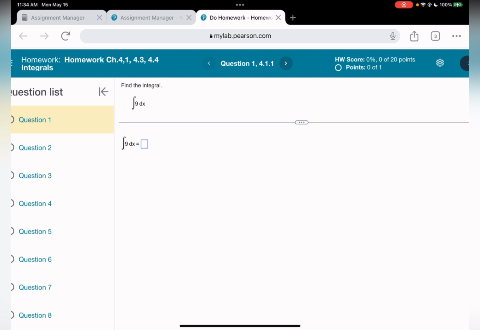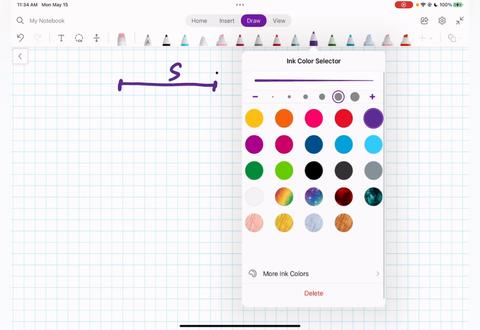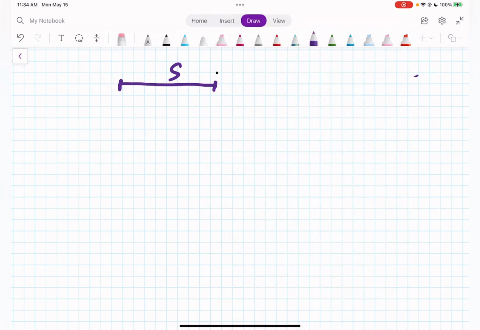We use it in algebra when you know about distance. Let's say this is our distance, S, and we have the speed, constant speed.